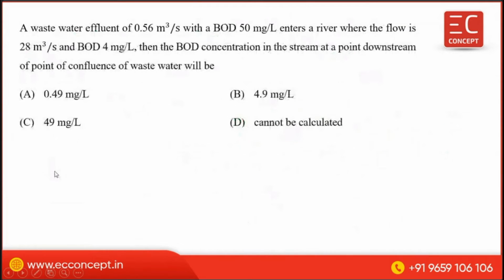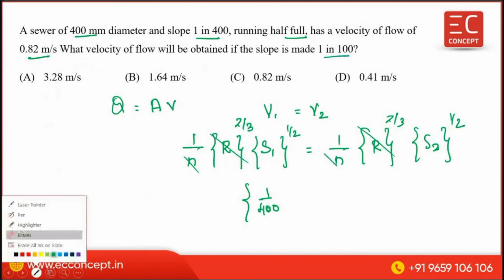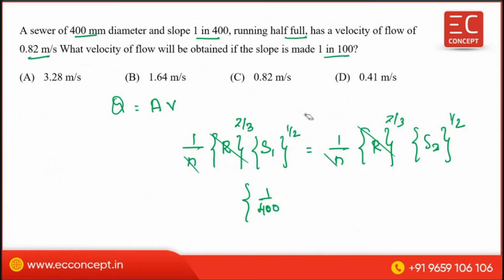Okay, V1 by V2. V1 and V2 are not the same, it is changing. Okay, so in both, N is the same, R is the same, only the slope varies. So V1 by V2 is equal to root of S2 by S1.